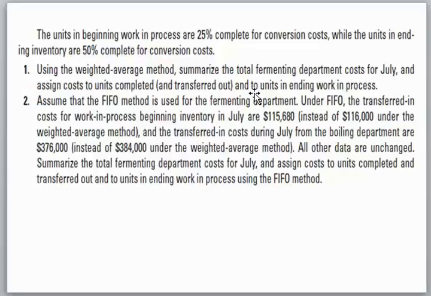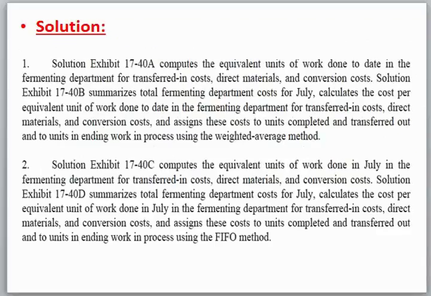Let's solve first the weighted average method. Solution step 1, compute the equivalent units of work done to date in the fermenting department for transferred in costs, direct material and conversion cost.